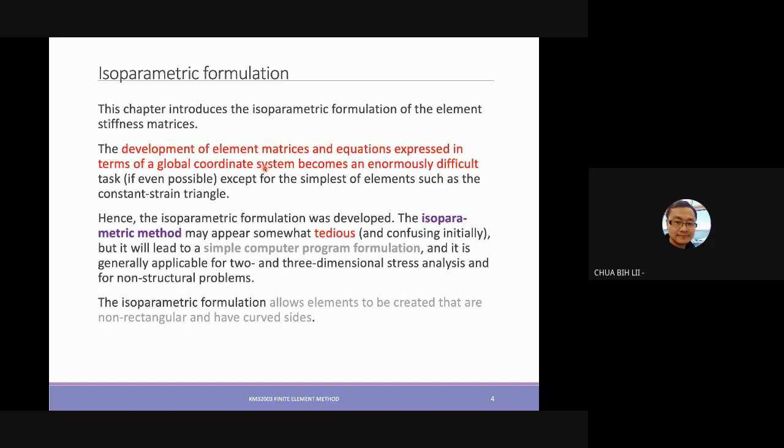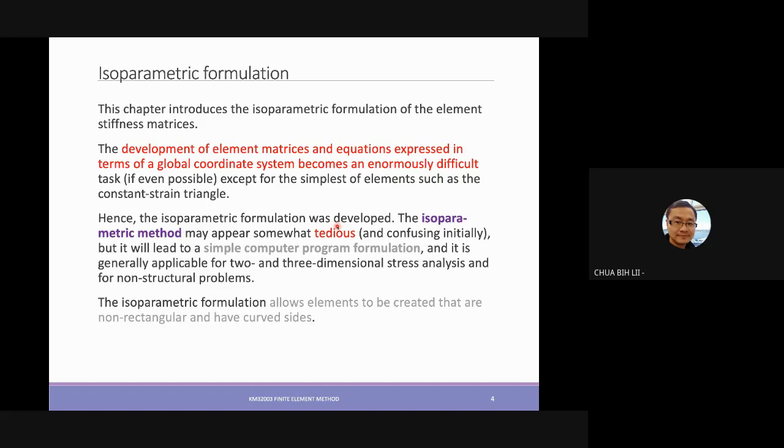So we want to develop this isoparametric formulation such that it is easier for the computer to be programmed. That's why this isoparametric formulation has been widely used in most finite element software. The idea itself may seem tedious and also confusing.